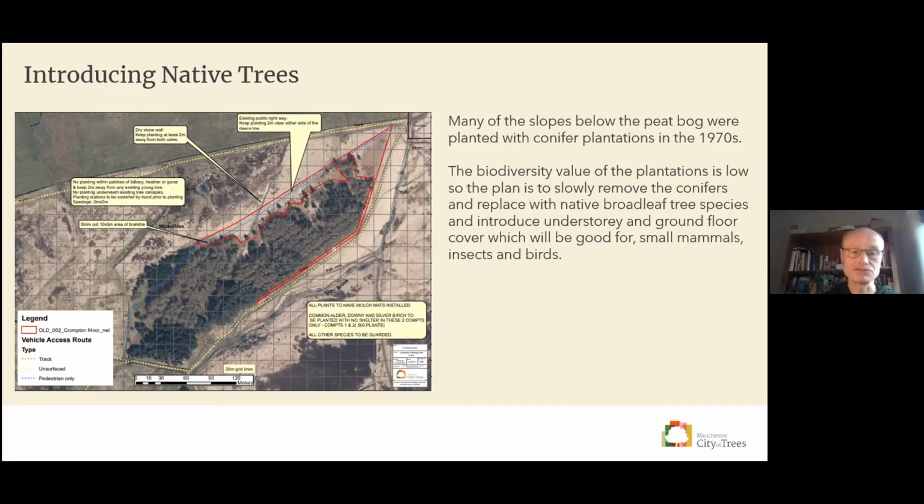So we're now working with Oldham Council and the local Friends of group to gradually replace some of those conifer trees with native broadleaf species, which are much better for biodiversity. We'll also be looking to put in shrubby and understory species, which are good for insects, birds and small mammals.